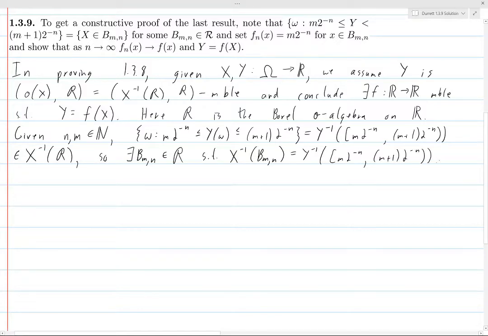Because remember, Y inverse of this half-open interval is an element in X inverse R, which means it is the inverse image under X of some Borel set.